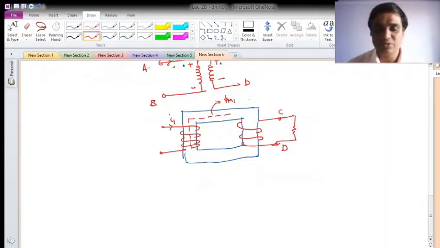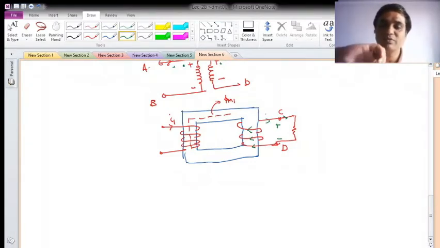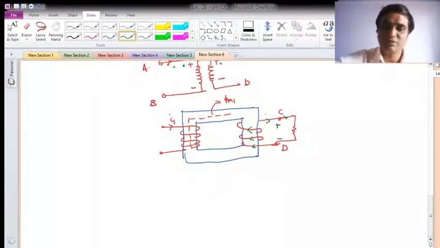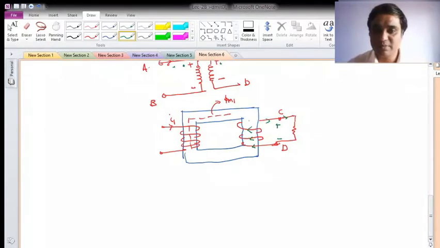Okay, so in order to decide the polarity, suppose I take C as positive and D as negative, so with this the current will flow this way, like this. Okay, and if this is the case, then with the right hand thumb rule, the direction of the flux will be in the same direction as phi m1.